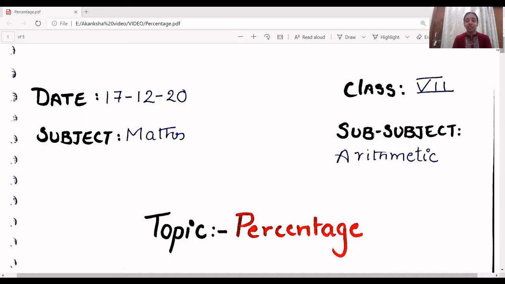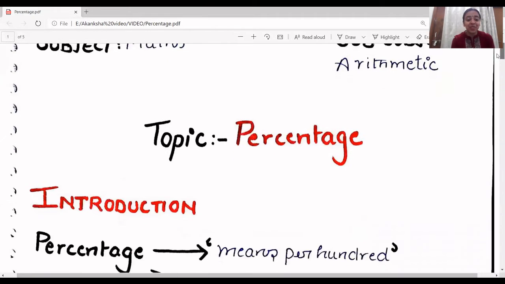So the common percentage usage with regards to students is marks. So I think that is a better example. When somebody says you've got 78%, or when somebody says you got 98%, what does that actually mean? Have you ever thought what percentage actually means?